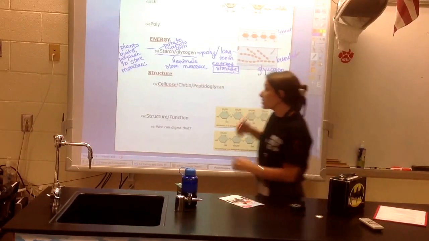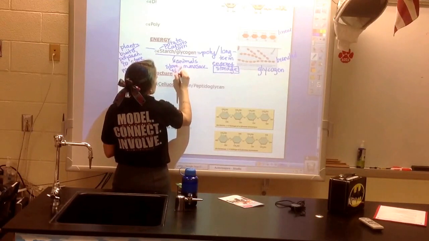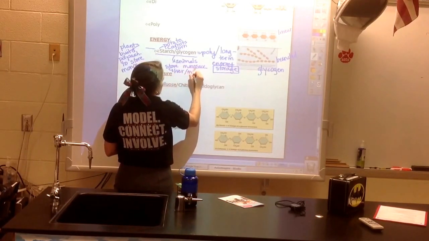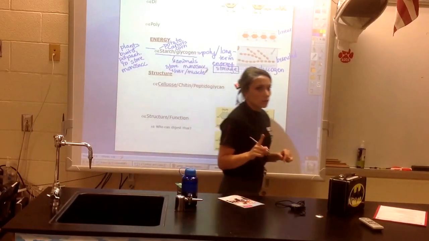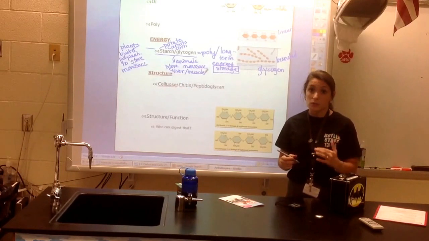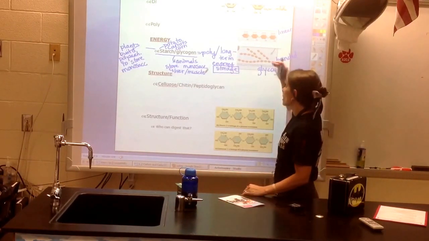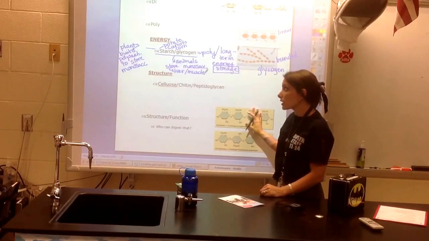Now we'll talk more about this later, but glycogen is actually stored in the animal in the liver and the muscle. And that should make some sense to us, right? One of the highest needs of energy by an animal's body are the muscles. And so to store your extra carbohydrates there is a very convenient storage place.